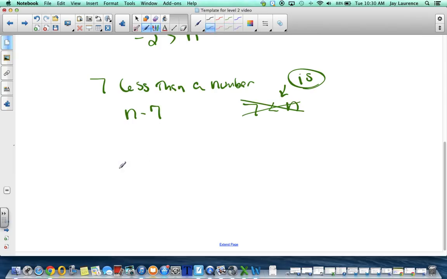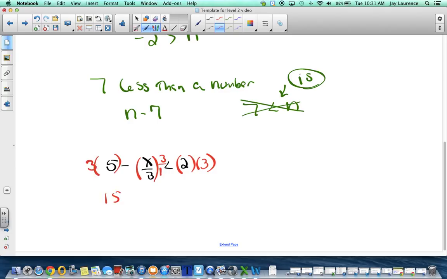Another thing I want to point out is that when you have 5 minus x over 3 less than, say, 2, some of you like to multiply first. I would subtract 5 first, but if you're going to multiply first, you have to remember to multiply this by 3 as well.